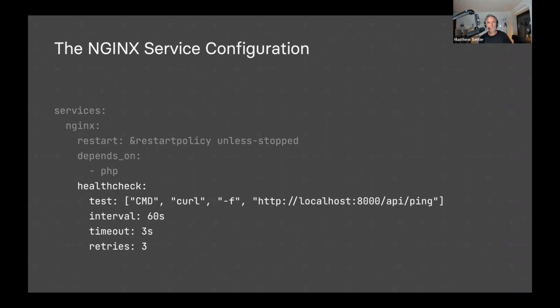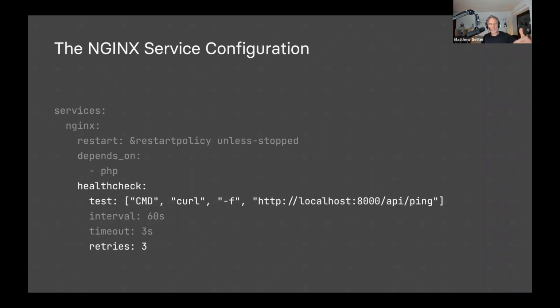Now, Mezzio applications, the framework that I've built the test app with, come with a ping endpoint, like a lot of API toolkits and frameworks do, which returns a JSON response which contains the current timestamp. So it's a simplistic way of testing whether the application is still alive, still working.